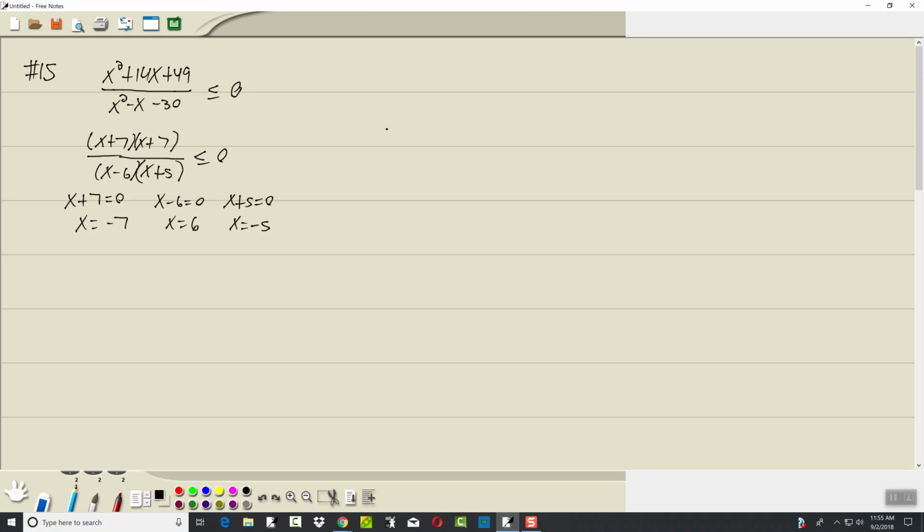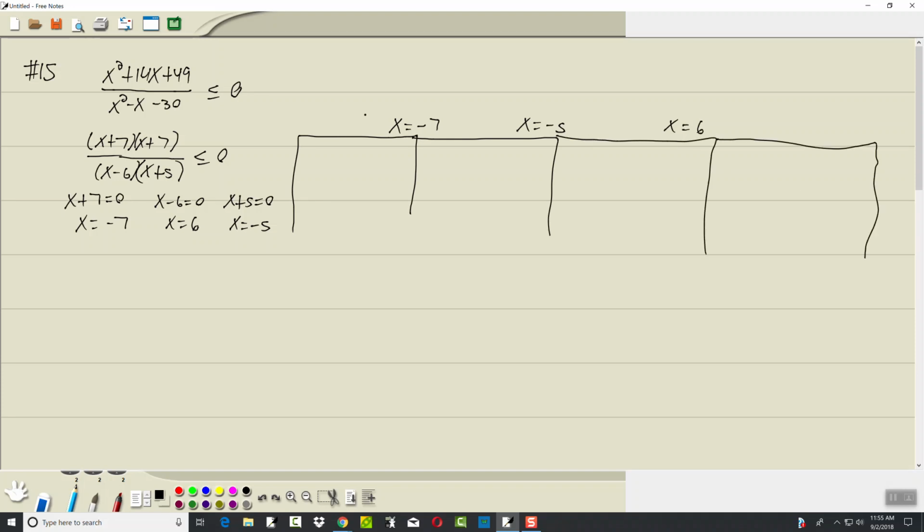Okay, so now we want to build a table of intervals. Here's negative 7, that's our smallest number. Negative 5 and 6. Now clear over here is negative infinity, clear over here is positive infinity.